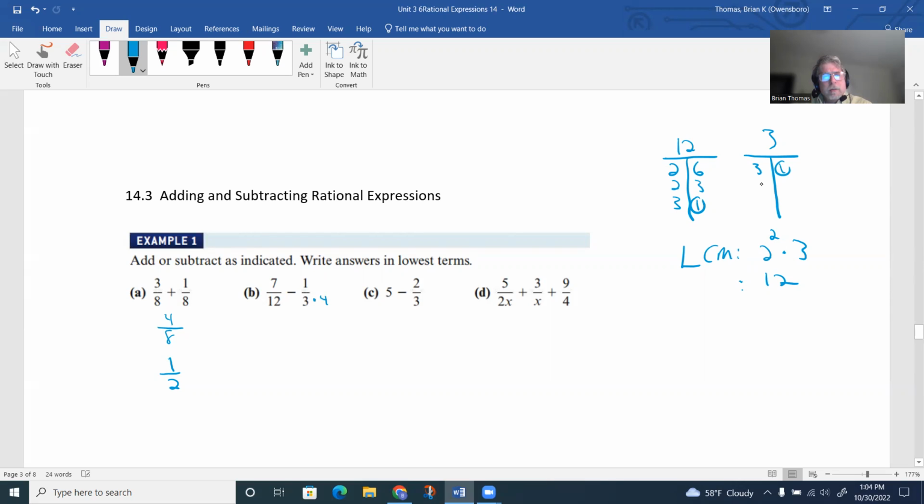So if I multiply the denominator by 4, remember, you still got to multiply the numerator by 4 to keep it equivalent. So this turns into 7/12 take away 4/12. And then as we subtract, that gives us this 3/12. But remember, with fractions, you have to reduce to lowest terms. So since we have a common divisor of 3, this turns into 1/4.